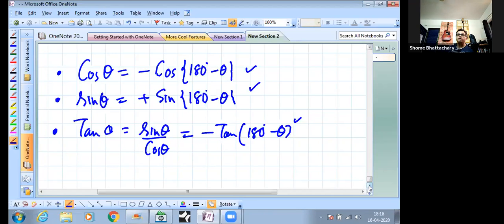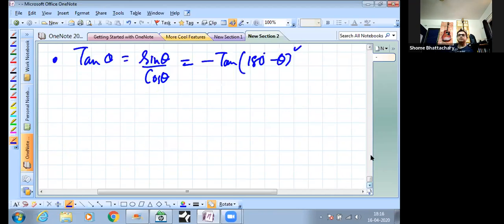So because it's important, let's just wind this up by a few examples. Okay. So I want you to use this formula now to calculate these things. Find out the values of sine of 135 degrees.